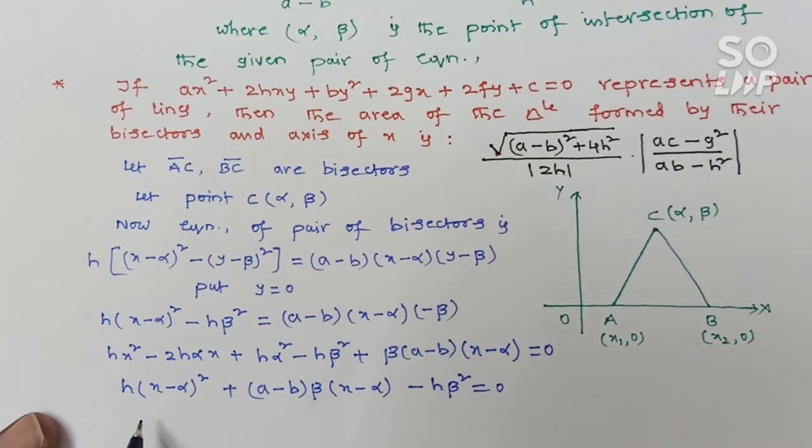Now this is in the form of a quadratic in the variable x minus alpha.